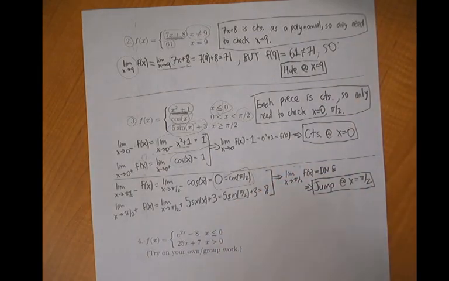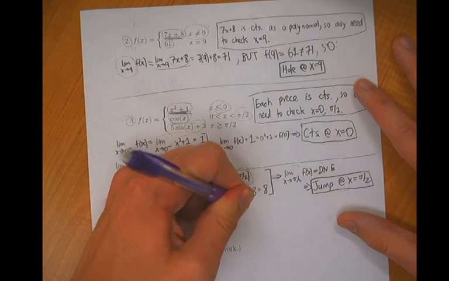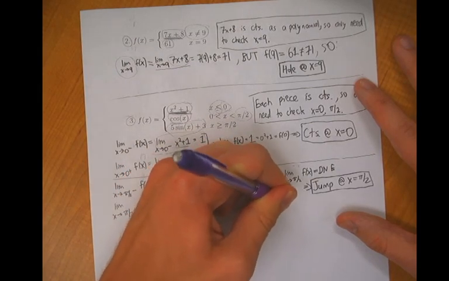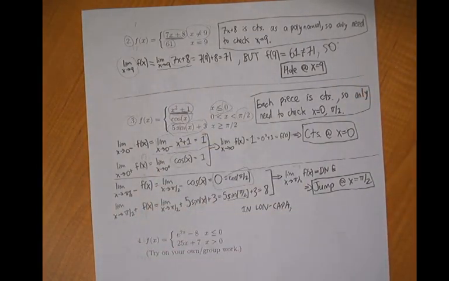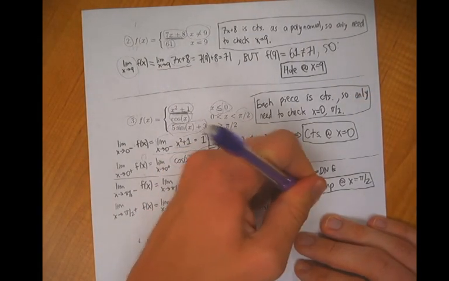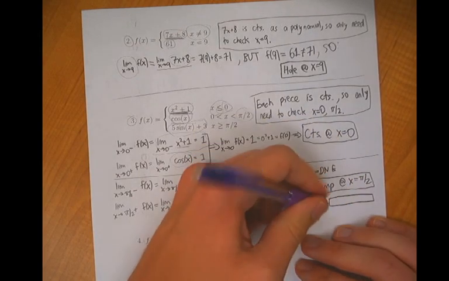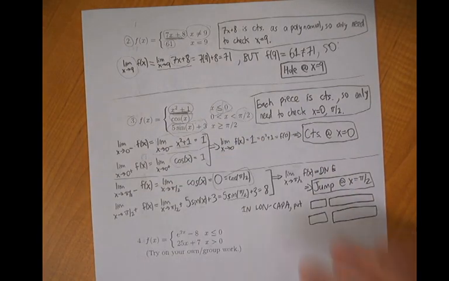We're not focusing on that. So in Lon-CAPA, there's essentially going to be 4 boxes.